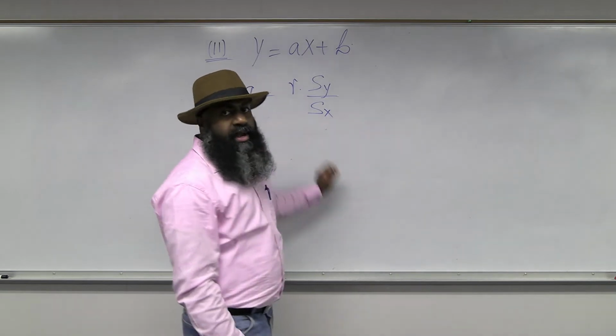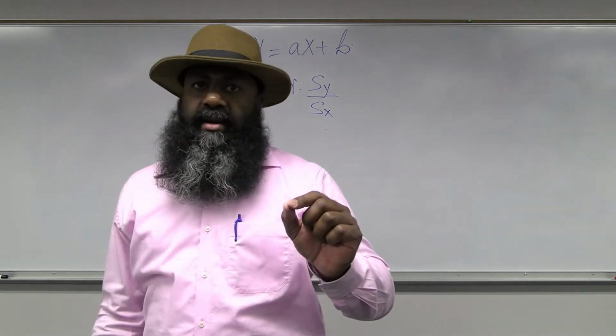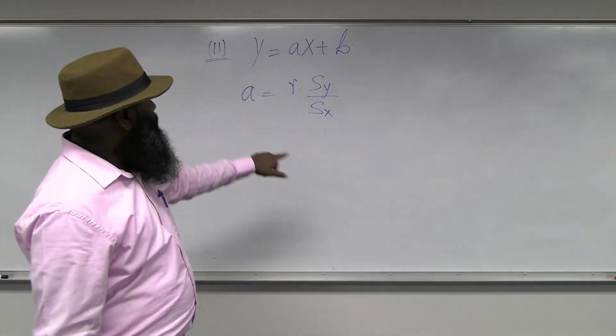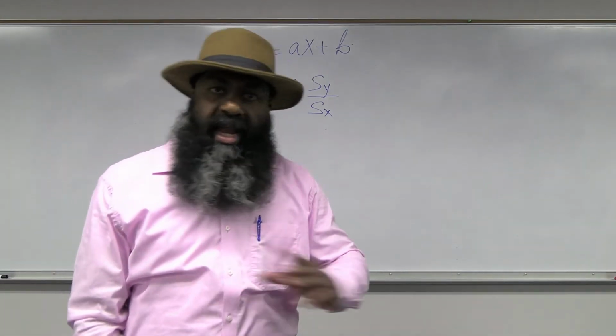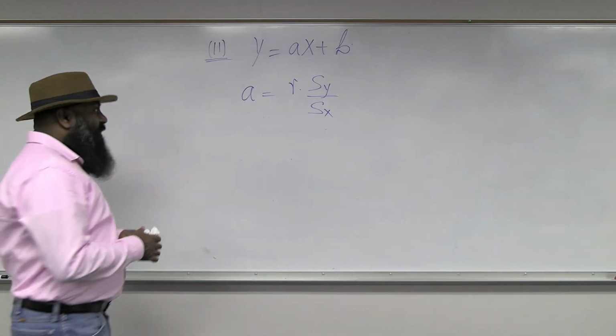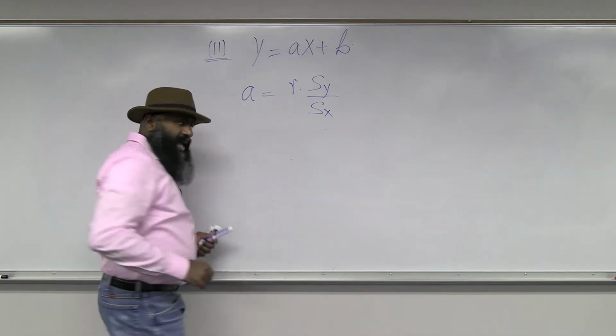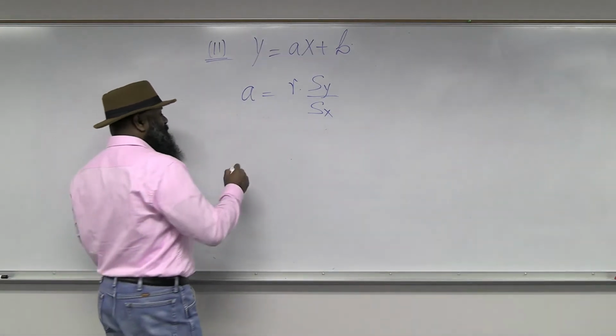R is only a value between -1 and +1, but there's no such restriction for A. A can be any negative number or any positive number. And then when you have the value of A, the calculation of B is very straightforward.